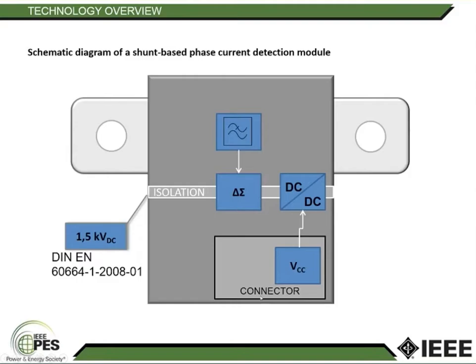On the low side, we have the connector that provides the power supply, and that also has the interface for the signal transmission right here. In our case, we use either TTL or differential signals like RS422 or LVDS.